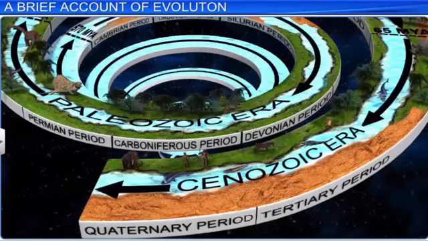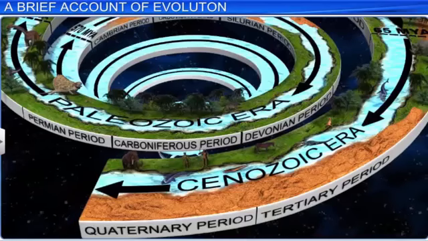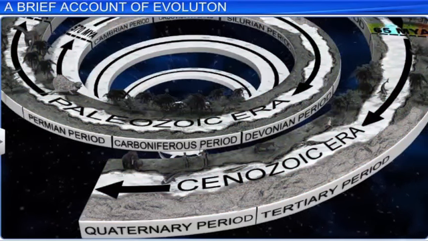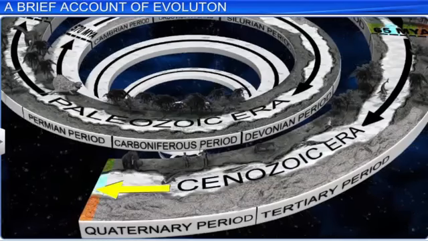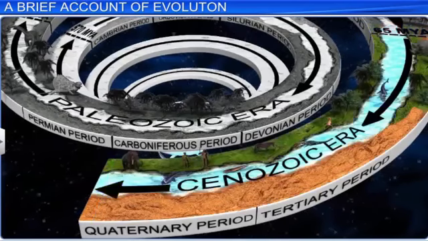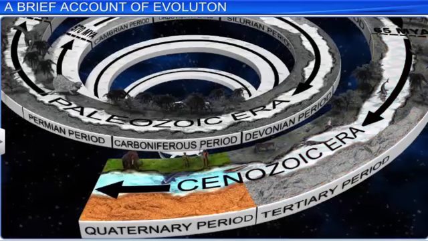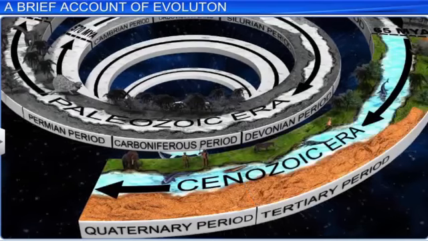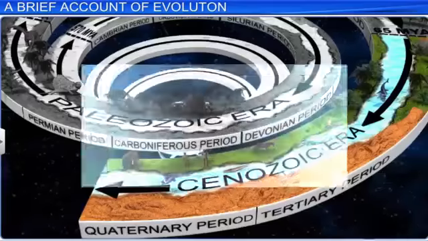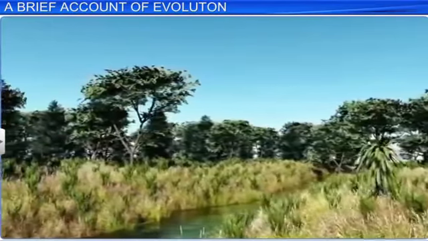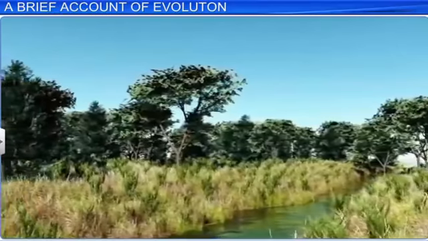Let us now take a look at the Cenozoic era, which began 65 million years ago and continues till today. This era includes the Tertiary and Quaternary periods. In the Cenozoic era, plants such as bryophytes and angiosperms flourished and continued to spread and diversify on Earth.